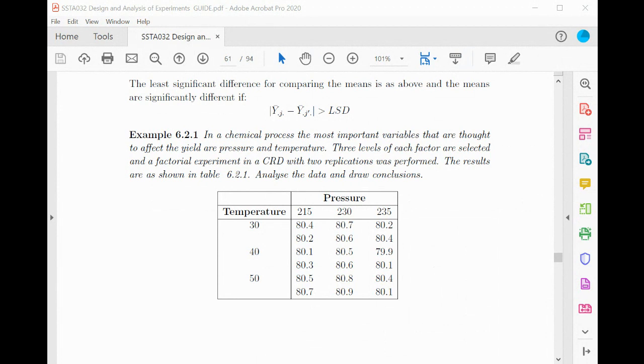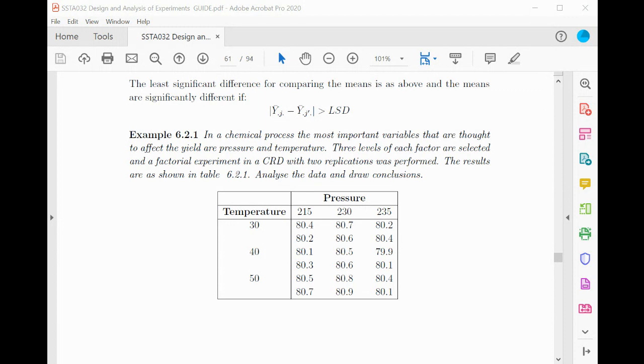And again, the pressure is also measured in 3 levels. It's clear here, it's 115, 230, and 235.